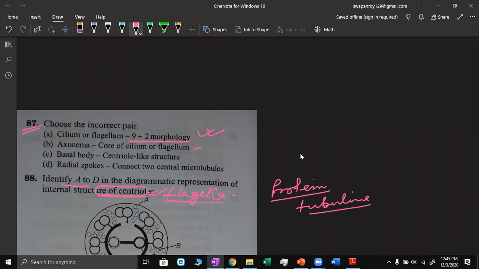There is the plasma membrane, and in the center, that central core portion is the axoneme. Basal body, centriole-like structure. Radial spoke connects two central microtubules. No, this one is wrong. So this is the answer.